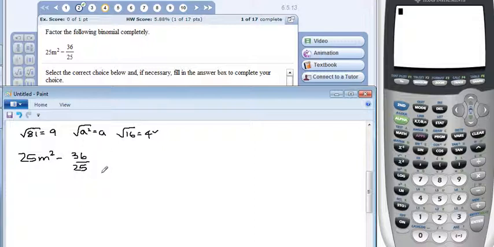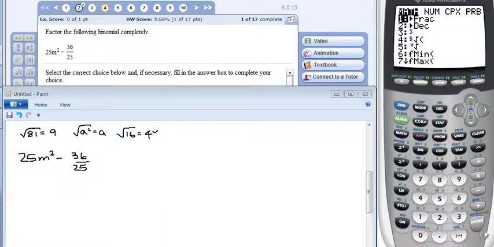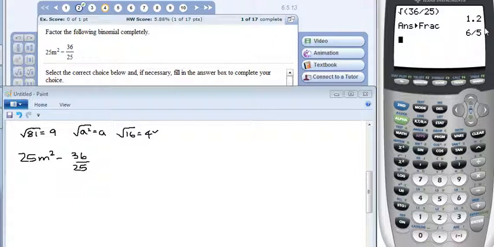Honestly, I don't need my calculator, but if I were to use it, I can verify that it is indeed a whole numbered top and a whole numbered bottom on that.